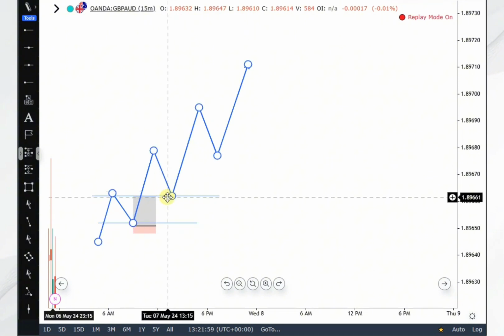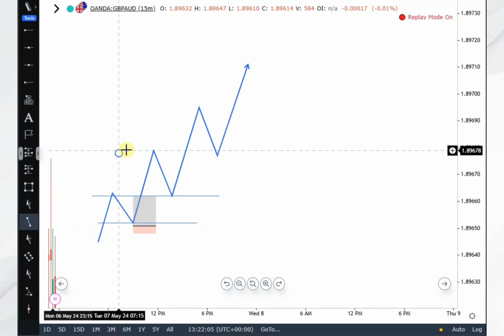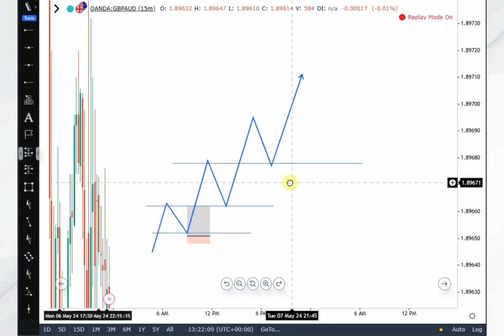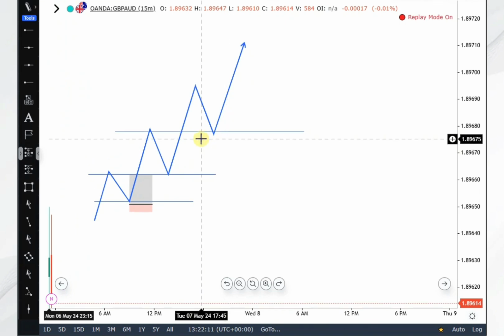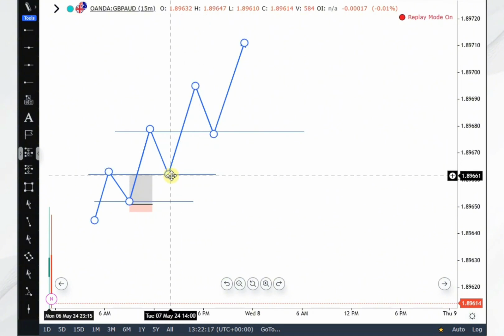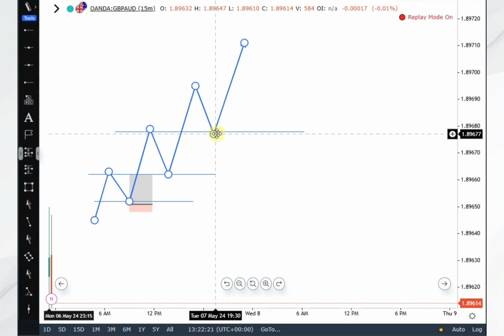So that's why I said a support can become a resistance, and resistance can become a support. Okay, so if you keep going, you will see that this is also a resistance level that turned to a support level. So traders will always buy at the bottom, buying into the upside. When it comes back down, buy to the upside.